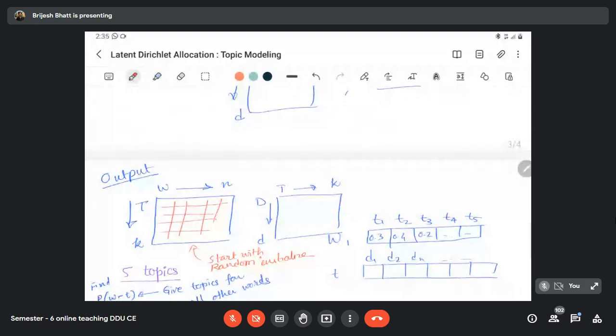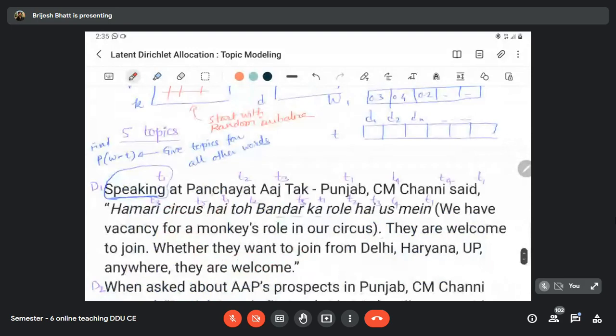We assign this matrix randomly. So for example, in this case, speaking, Panchayat, Aaj Tak, Punjab CM Channi, Circus and so on. Let me see some word which occurs more than once. So there are no words repeating in this. Let me take a few more.